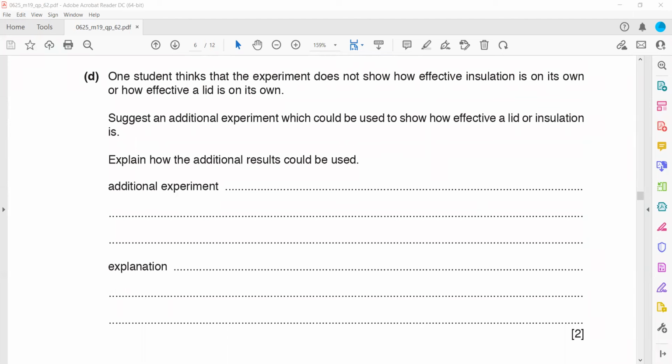Because using this experiment, we are neither able to find the effect of insulation correctly nor able to identify the effect of the lid correctly. So what should we do in this experiment?